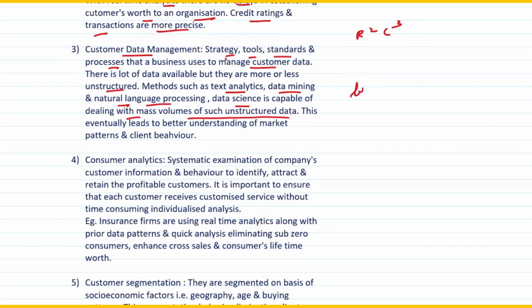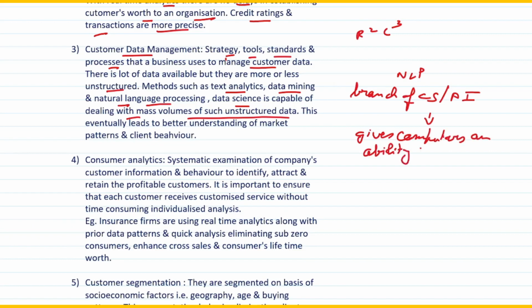It's basically a branch of computer science, or you can say in today's terms it is more a branch of artificial intelligence. Now what natural language processing does is it basically gives computers an ability to understand text and spoken words the way humans do, right?